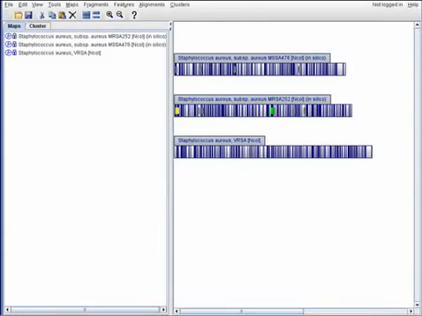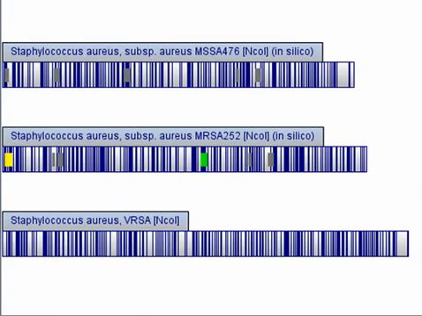Opgen's Map Solver is a highly functional software tool for the analysis of optical map data of S. aureus. Whole genomes of multiple S. aureus isolates can be visualized very easily and at the same time. Here you can see we have a methicillin-sensitive, methicillin-resistant, and a vancomycin-resistant Staph aureus.